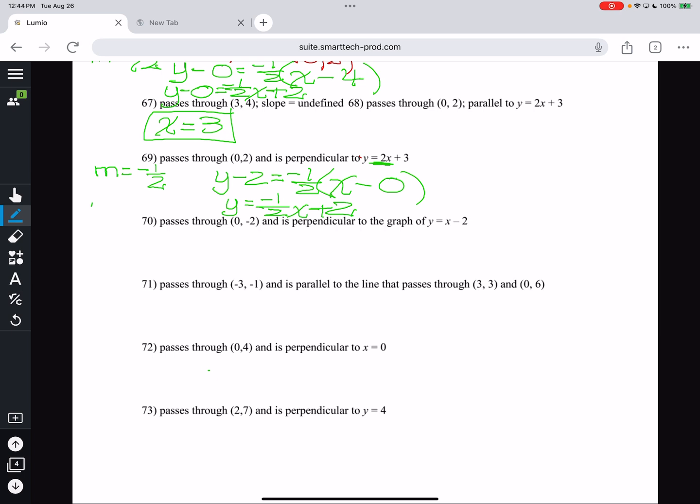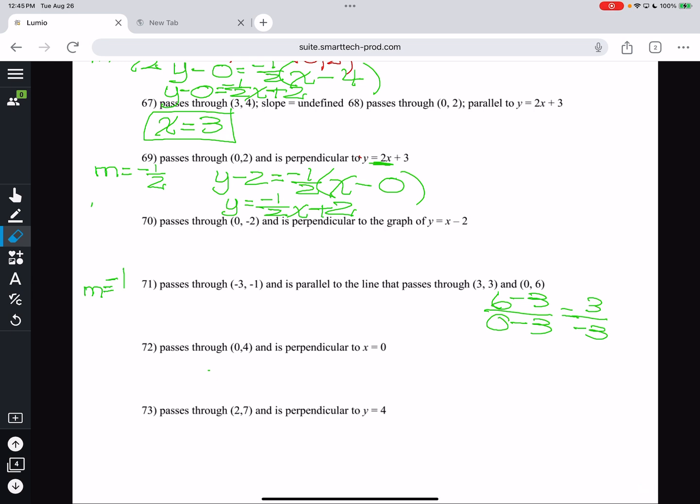So we're going to say 6 minus 3 over 0 minus 3. And what does that give us? 3 over negative 3. So what is our slope? Slope is negative 1.